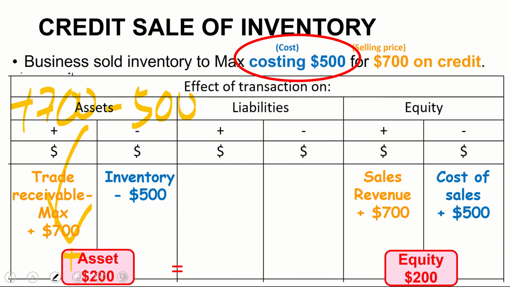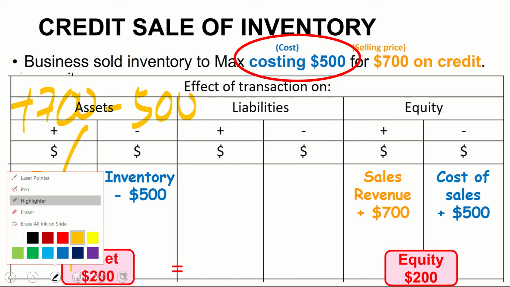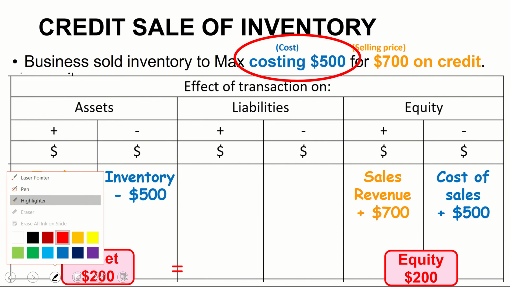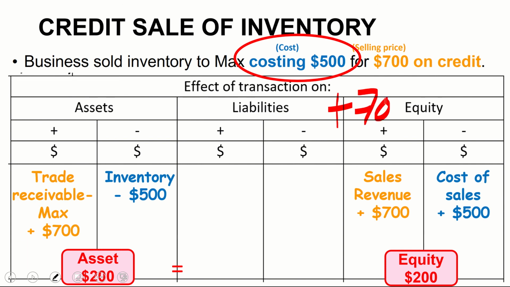On the other hand, your sales revenue increased by 700 and your cost of sales reduced your equity by 700, so overall your equity will increase by 200. So assets plus 200 equals equity plus 200. Your accounting equation is balanced.